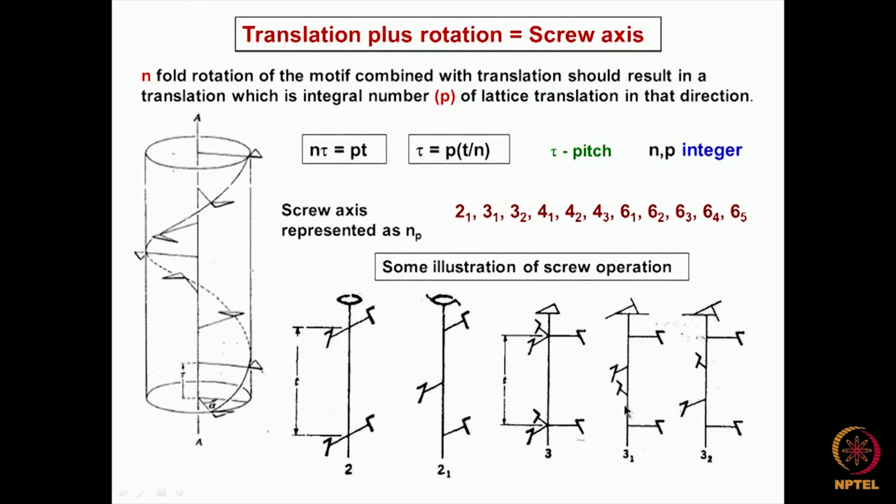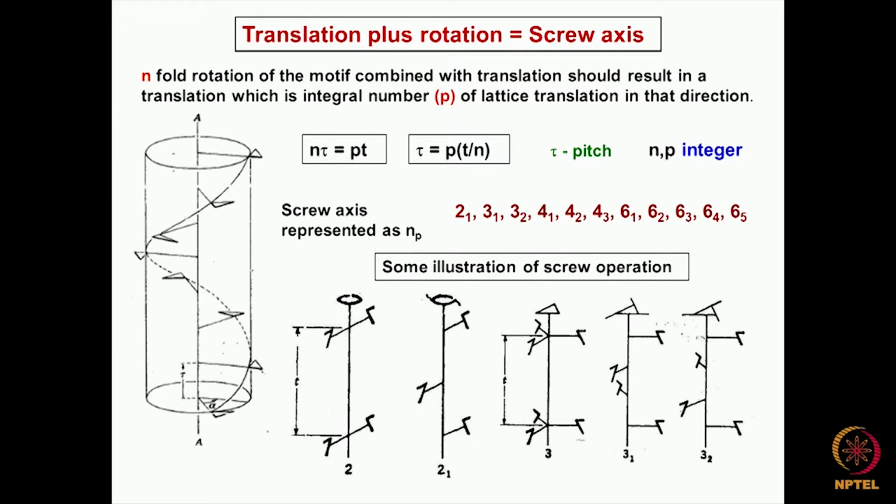Now we will look into some of these symmetry elements. I had explained in the last class about the screw axis. The screw axis is like the glide which we had represented in the first lecture. Now from one point to another point, when we go from here to here, this is one asymmetric motif, starting from here.